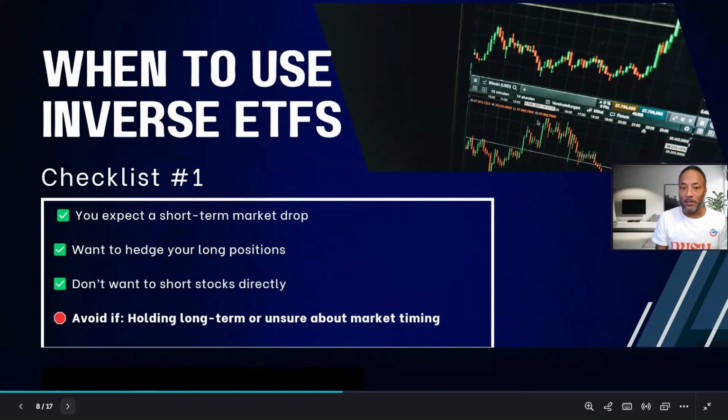You definitely have to be signed up in your brokerage. You have to be options approved. And then sometimes you have to have a certain margin or a certain balance available in your account in order to trade options. You definitely want to avoid this if holding long term or you're unsure about market timing.